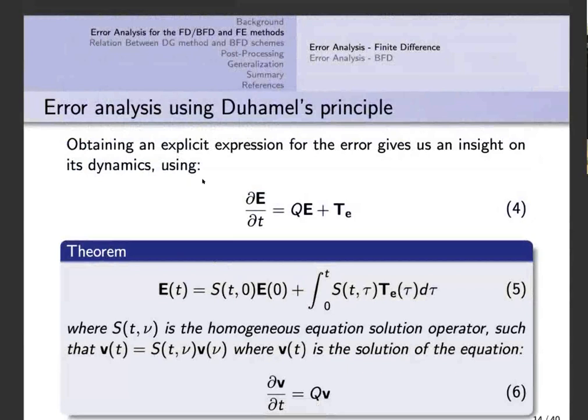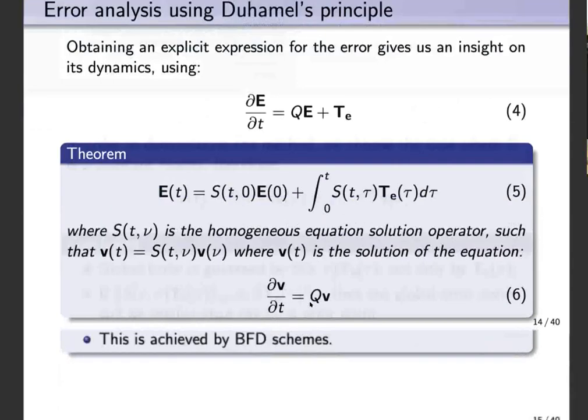Indeed, the global error verifies the following differential equation. So using the classic Duhamel's principle, we get an expression for the global error. And we can see here that the second term basically is the effect of the homogeneous equation solution operator, S, on the truncation error and accumulation in time.